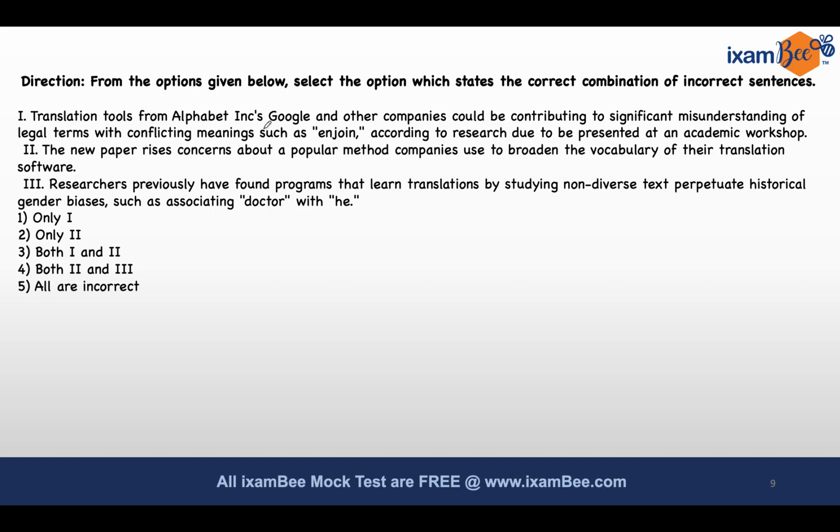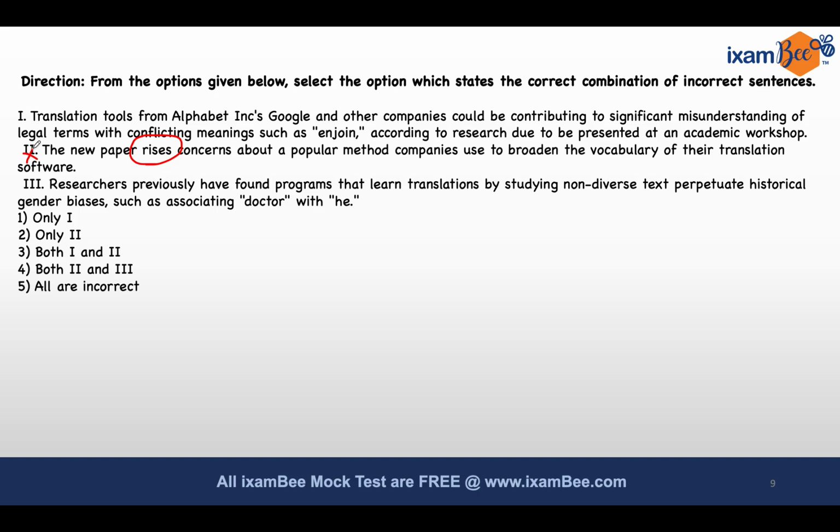The new paper raises concerns. The word is not rises, it should be raises concerns. Here too is incorrect. About a popular method companies use to broaden the vocabulary of their translation software.